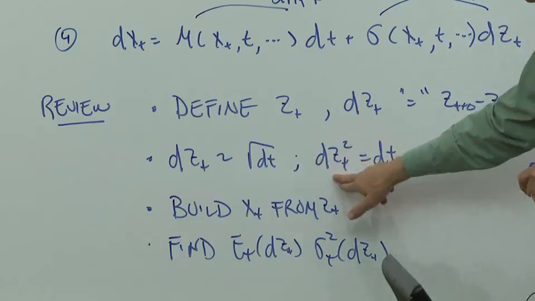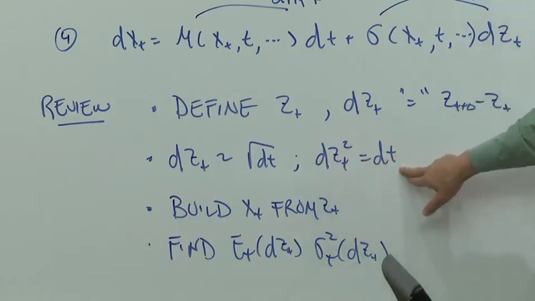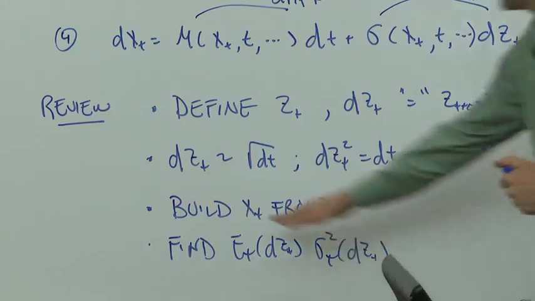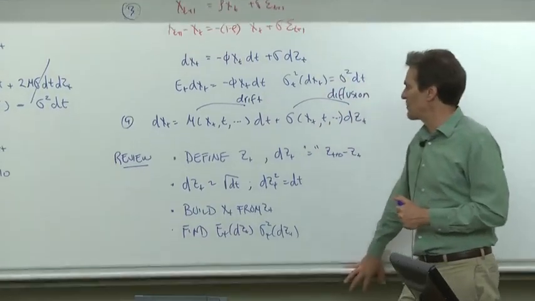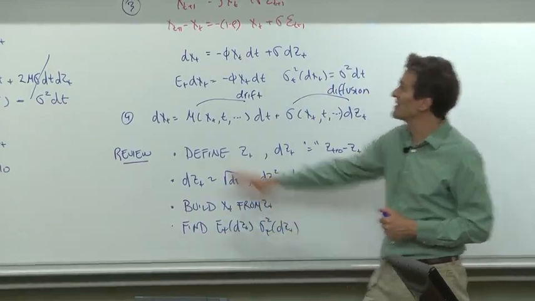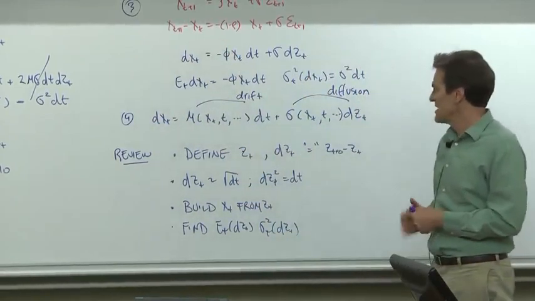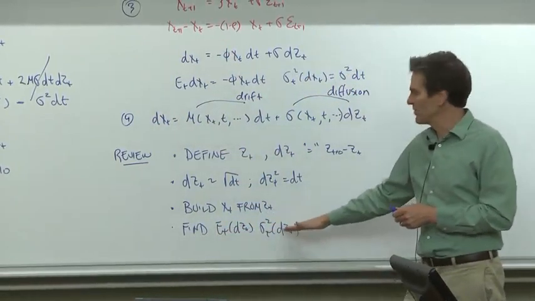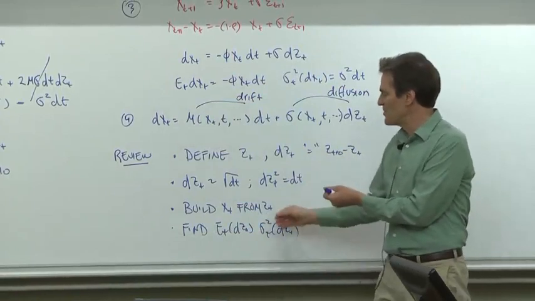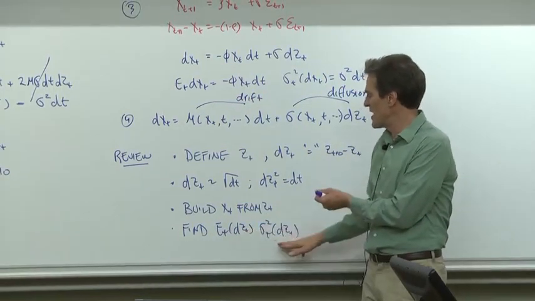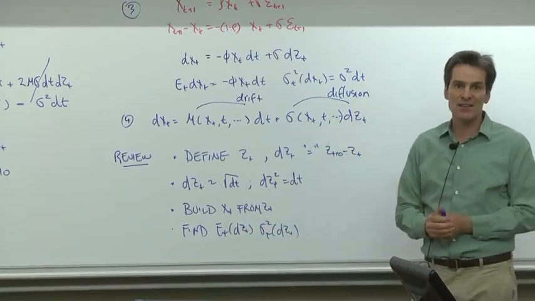That means that dz squared is dt, so we have two sort of calculus-like terms with us. We've learned how to build more complicated processes, x's from z's, by these diffusion processes. And you've learned how to find moments. You've learned how to find the drift and diffusion, what's the instantaneous mean and variance of a diffusion process.